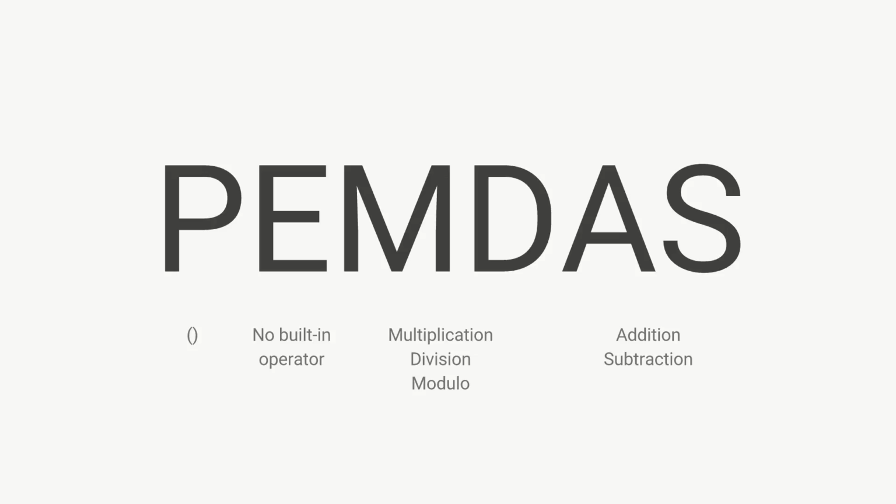Then, there's no exponential operator in C++, so the E really has no significance. I'm just saying PEMDAS so you can see the familiarity between normal math and C++. Then we have our multiplication and division as well as our modulo grouped together. And then finally we have our addition and subtraction coming after that. So brackets are always most important, and addition and subtraction are always done last.